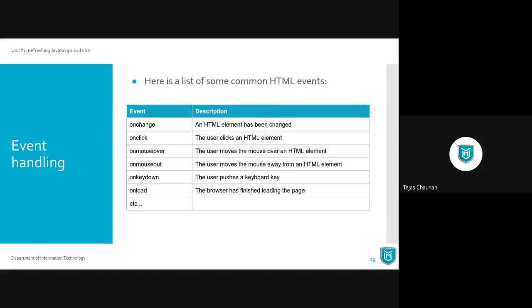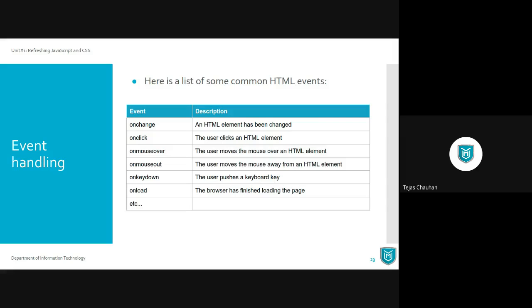So right now, let's say, what are the events? What is an event? We can say anything that happens on an HTML page, we can consider it as an event. So even when the page loads, onload is one event. If the user clicks somewhere on the page or on any element, then it's a click event. If the user changes some values in the text field, then there is a change event, right?